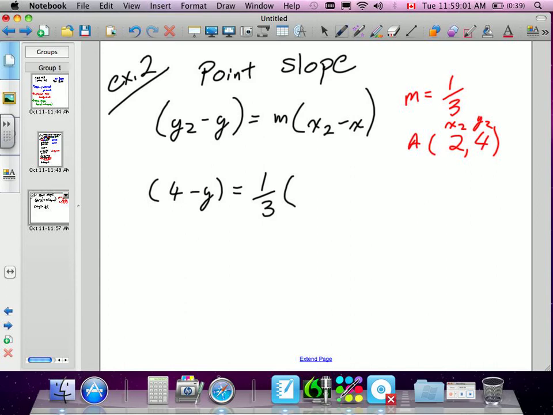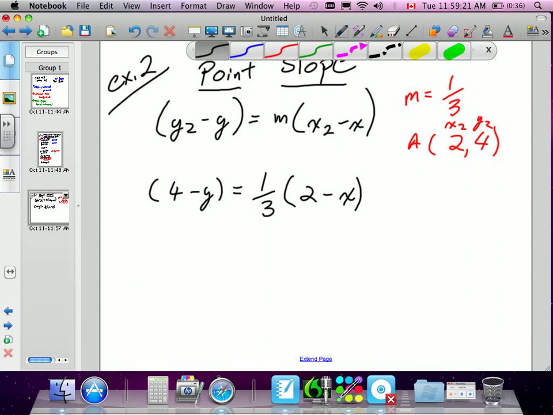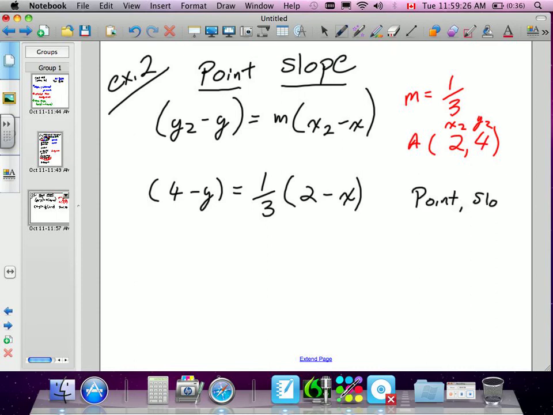Now what I'm going to do is distribute and try to solve this equation. I'm going to turn point slope form and change it into slope y-intercept, okay? So we're going to go from point slope to slope y-intercept, okay?